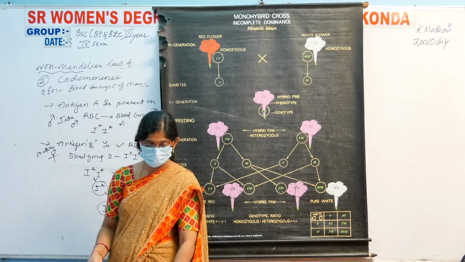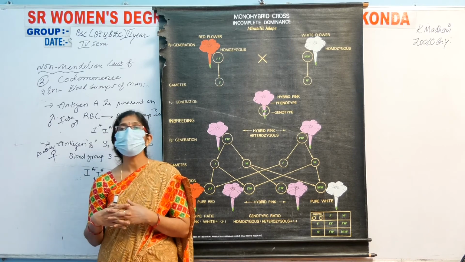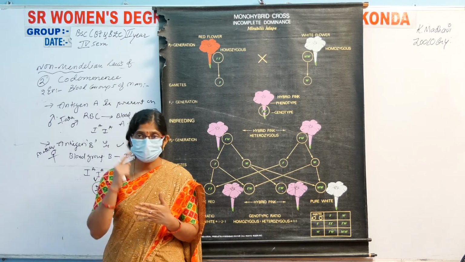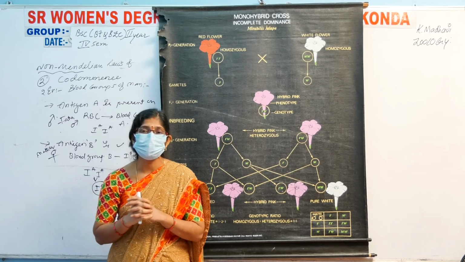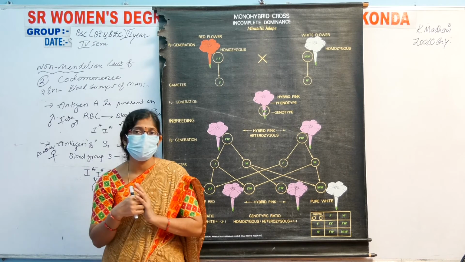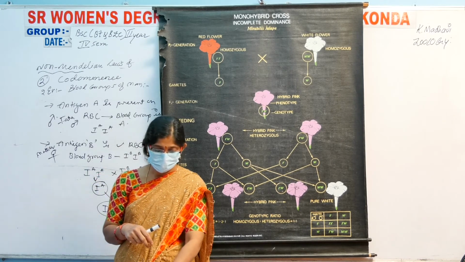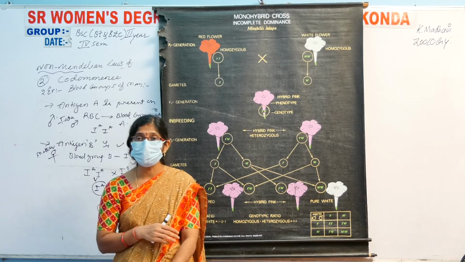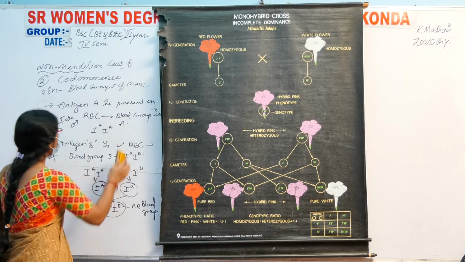Some genes, whether homozygous or heterozygous, cause death. Genes of such a type are called lethal genes. In these lethal genes, the homozygous condition is moreover not survived. For example, dominant lethal genes are found in mice.